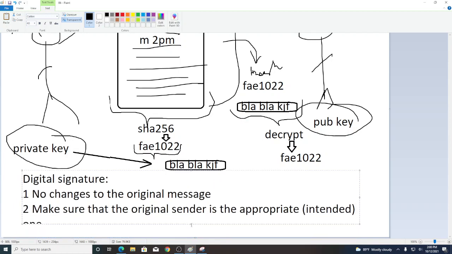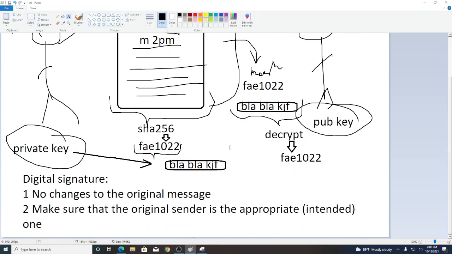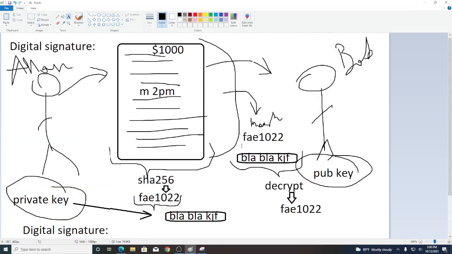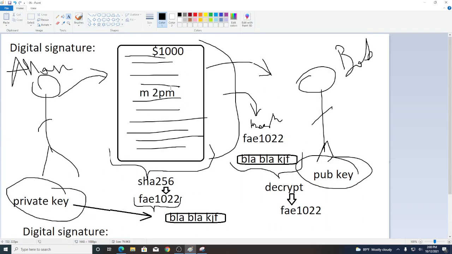So that's really good. I know that nobody has changed the original message, and I know that the message is coming from Alan, not from anybody else.